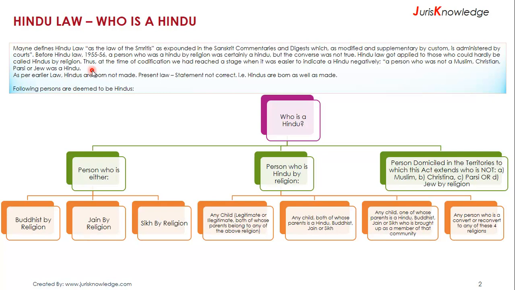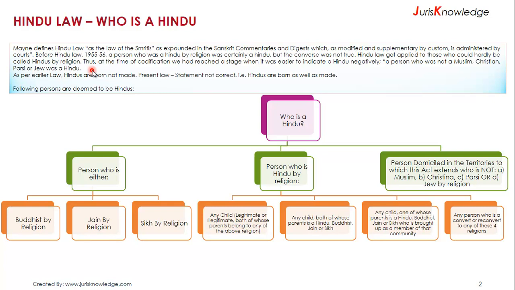Before the Hindu laws of 1955 and 1956, a person who was a Hindu by religion was certainly a Hindu, but the converse was not true. Hindu law got applied to those who could hardly be called Hindus by religion. Thus, at the time of codification, we had reached a stage when it was easier to indicate a Hindu negatively, which means a person who was not a Muslim, Christian, Parsi, or Jew was by default called a Hindu.